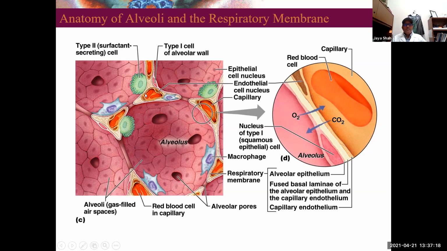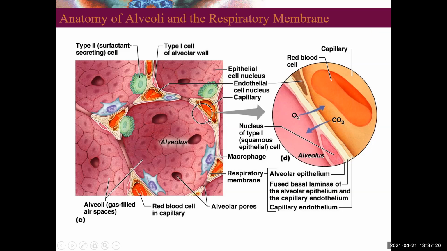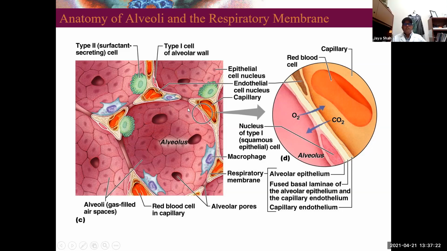These cells originate from type 1 cells. Let's see the function of these cells. Type 1 cell is part of the respiratory membrane where gas exchange takes place. These are all type 1.